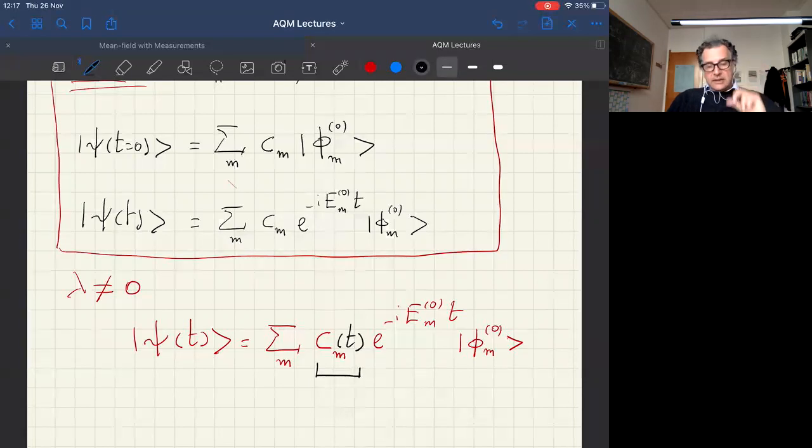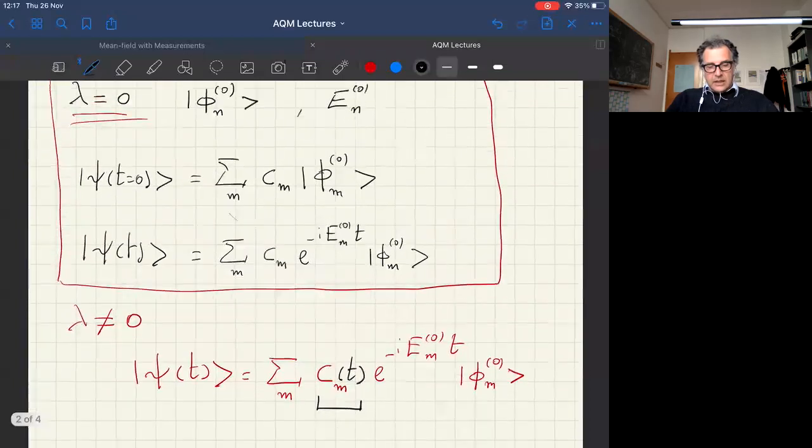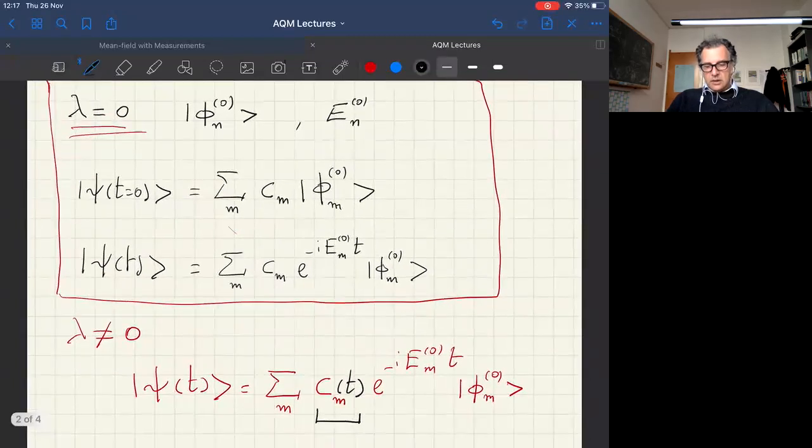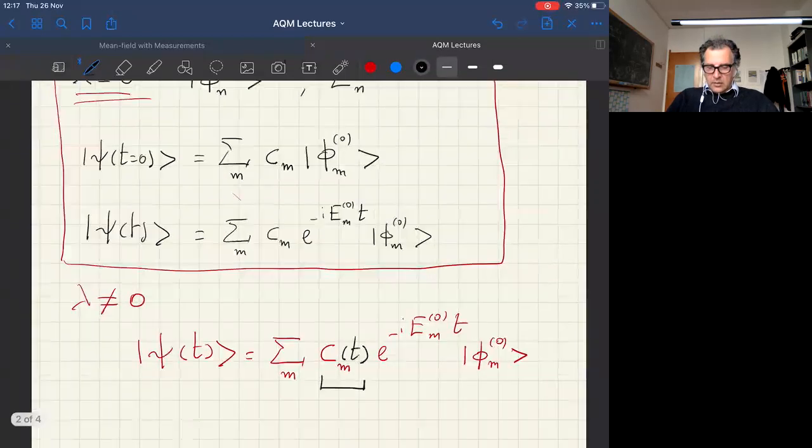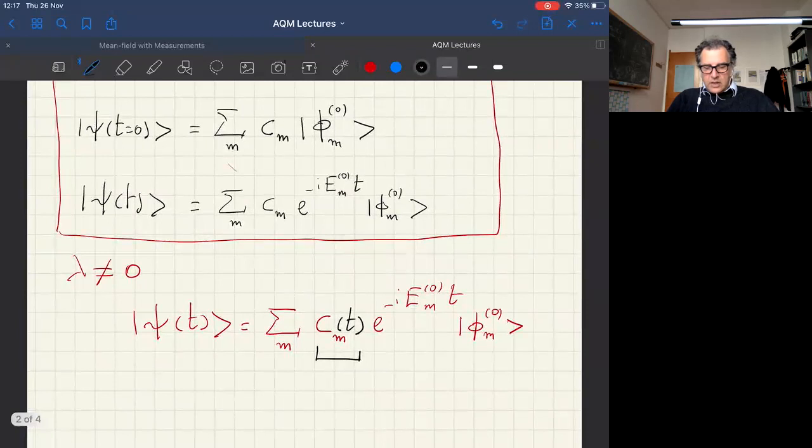So you see that when lambda is equal to 0, these coefficients are given and do not change in time. But when lambda is different from 0, I take the same expression, but I assume that these are time dependent.